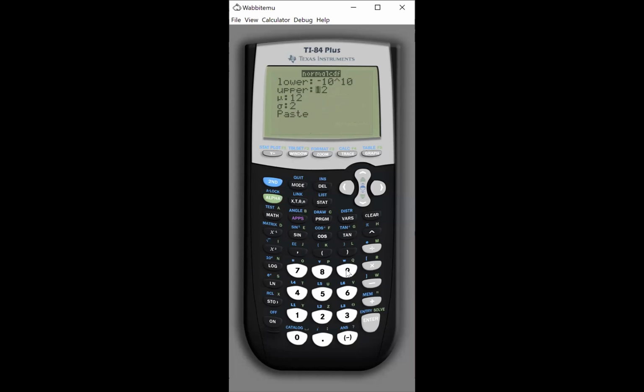Then for the upper bound, we do 9.72. Then you go to paste. And if you look at it, you got exactly the same answer as we did with ClassCalc. So it doesn't matter which one you use, you should still get the same answer. So that's it for question number 13. Any questions in regard to 13?